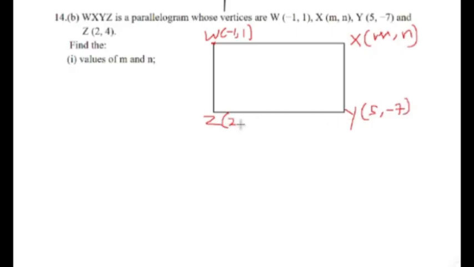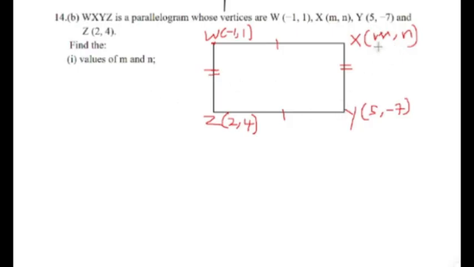We are required to find the values of M and N. Now, what do we know about a parallelogram? We know that the opposite sides are equal. So this side is equal to this side, and this side is equal to this side. We're going to use that fact to solve this.